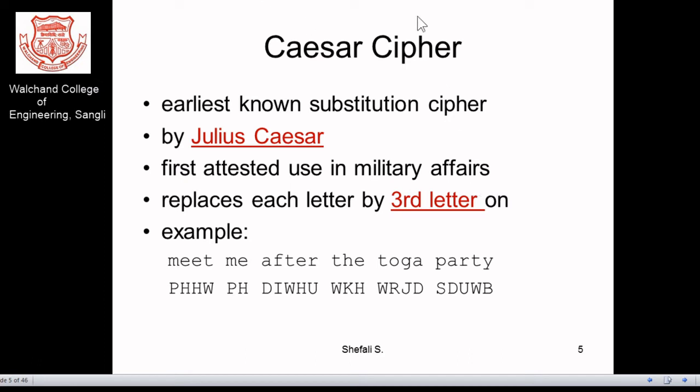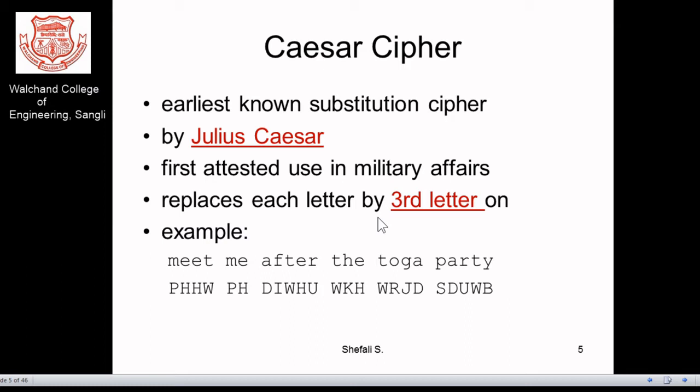Now, the first one we are studying is the Caesar cipher. The Caesar cipher is a well-known technique developed by Julius Caesar, and it is said that the third letter from the position itself is taken for the replacement. A is the first, B is the second, C is the third, D is the fourth.